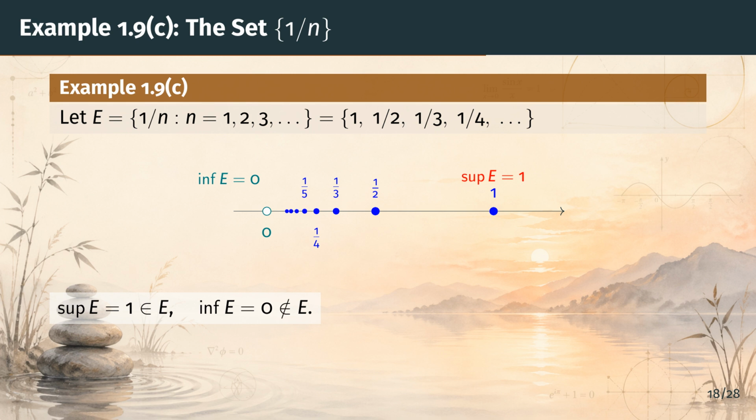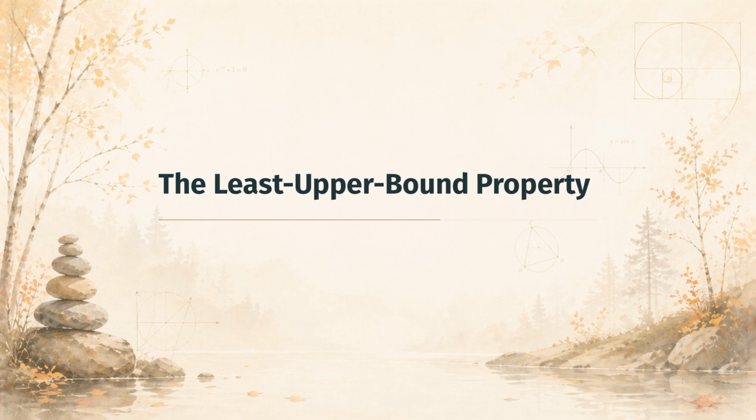The infimum is 0, which is not a member of E, because there is no positive integer n with 1 over n equal to 0. The elements of E get closer and closer to 0, accumulating near it, but never reaching it. This example again illustrates that the supremum can belong to the set while the infimum does not, or vice versa.